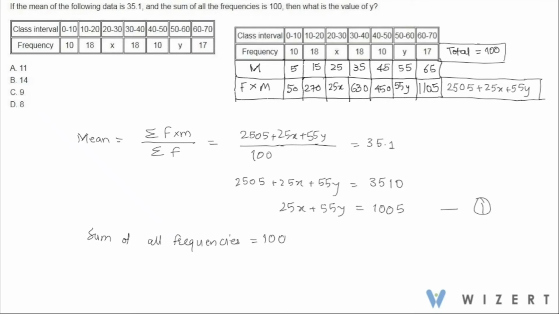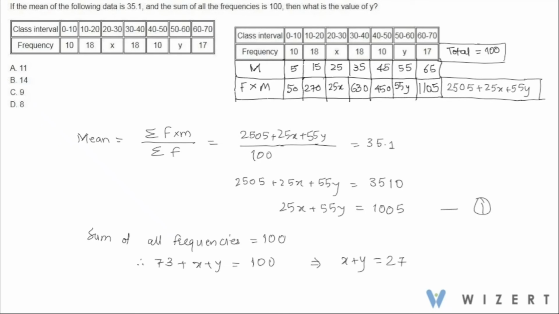Now 10 plus 18 is 28. 28 plus 18 is 46. 46 plus 10 is 56, and 56 plus 17 is 73. So we have 73 plus x plus y equal to 100. So we get x plus y equal to 100 minus 73, which is equal to 27.